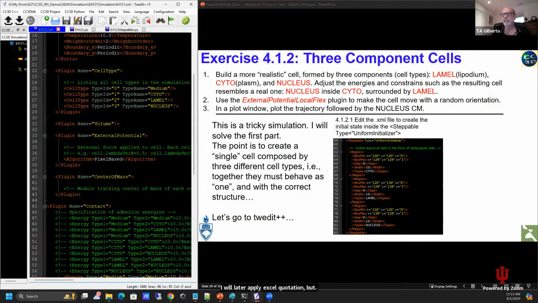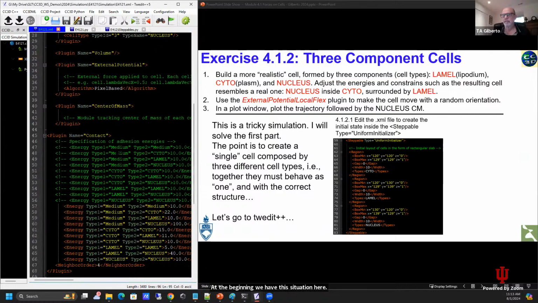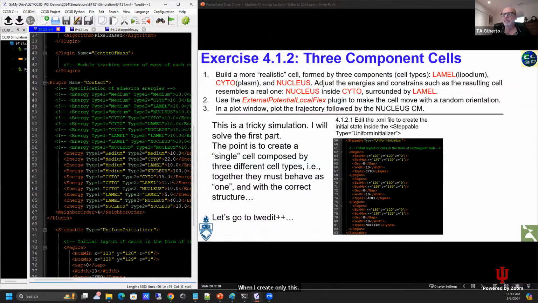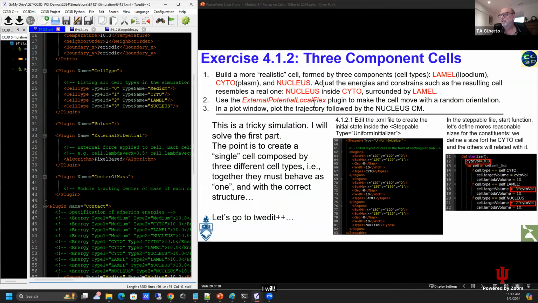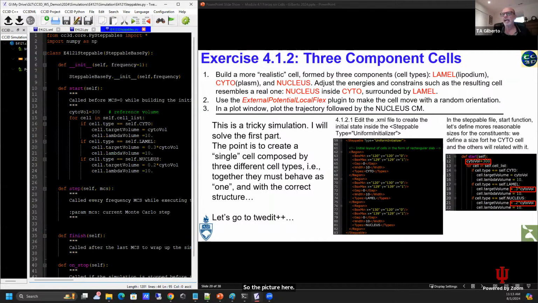When I create only this, I will show the picture here. I have to define now the size of the cell parts. Let's say that the volume of the cytoplasm is 300.